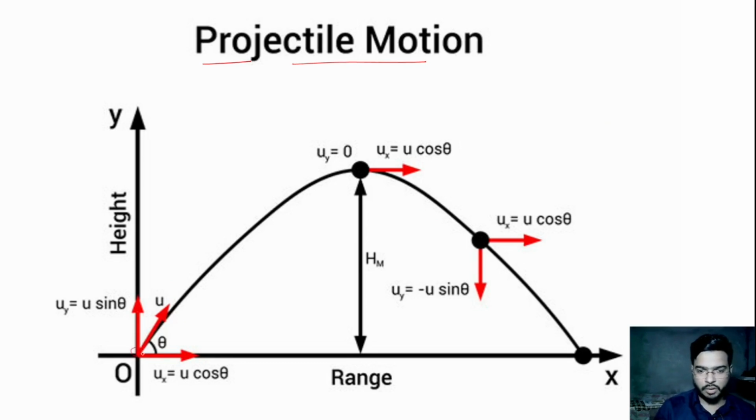Here we have a ball and we just throw the ball, and then after some time the ball makes a path like this. Okay, and the path is covered in an xy plane.